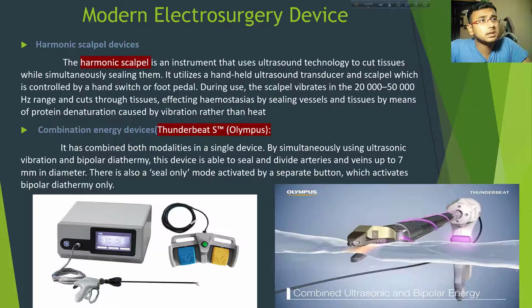Okay, now the modern electrosurgical devices used nowadays are the harmonic scalpel devices and the Thunderbeat. You can see there are two devices used for simultaneous cutting and coagulation, done in every second.